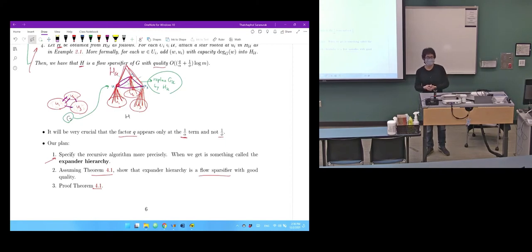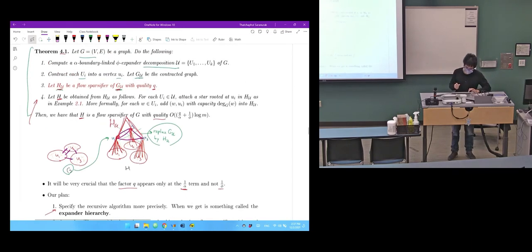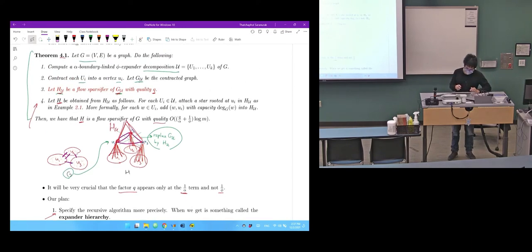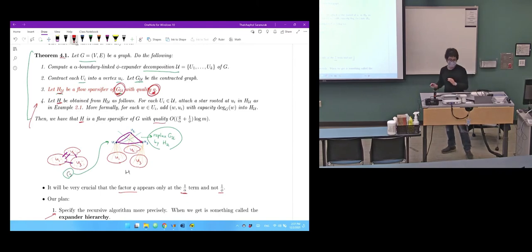It's recursive, right? Q is just some Q. Let's say there's a black box given GU.